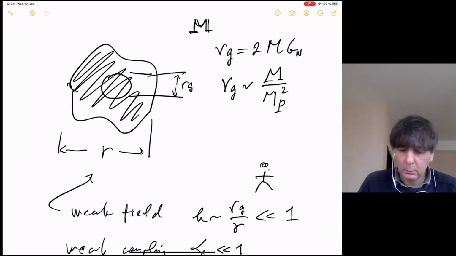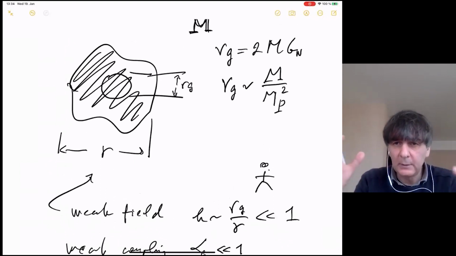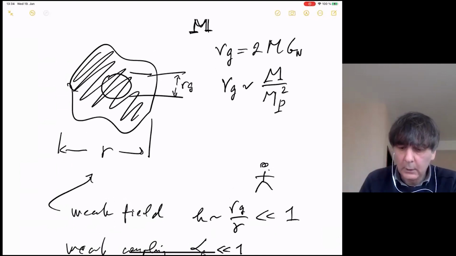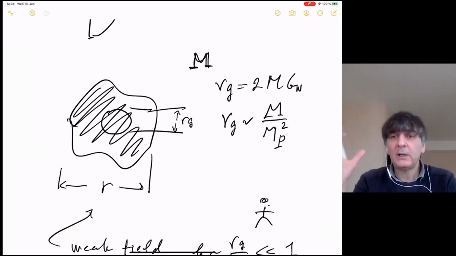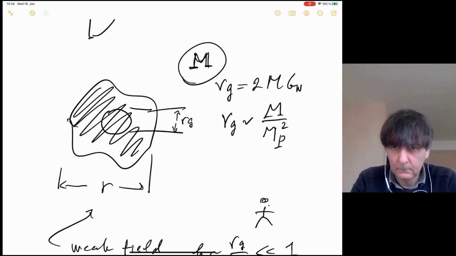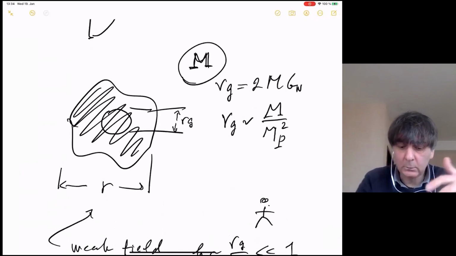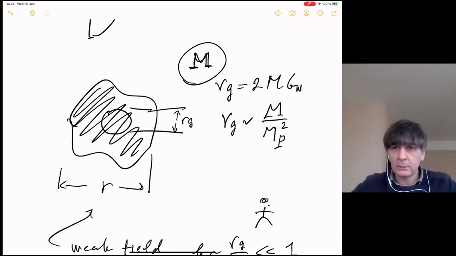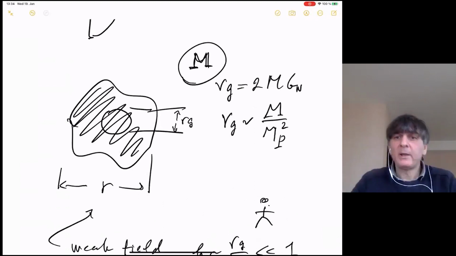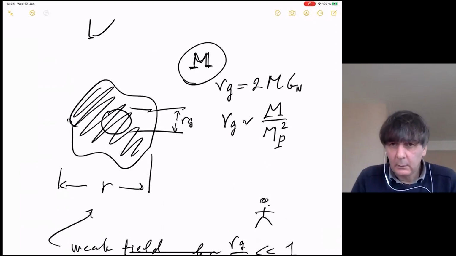Now imagine that I want to understand and ask the following question. What is the most elementary object of this mass that I can have? This is an extended object beyond this gravitational radius. Now let's ask the following question. Can I have, for example, Earth? Let's take Earth. Earth is not elementary, we know that.